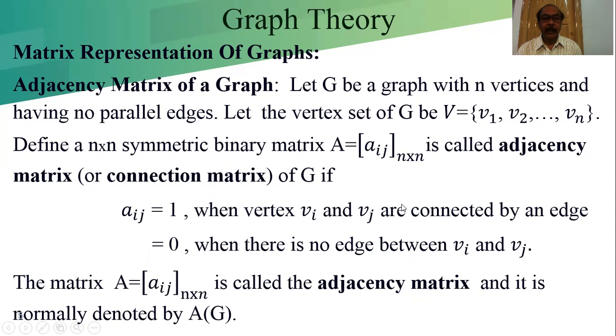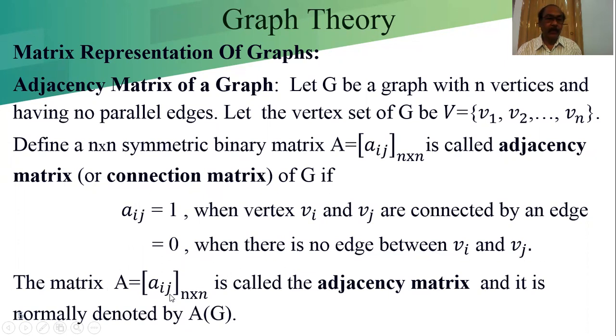Connected means if Vi is connected to Vj, obviously Vj is connected to Vi. That's why it is a symmetric binary matrix. If the two vertices are not connected by an edge, then Aij is equal to 0, when there is no edge between Vi and Vj.